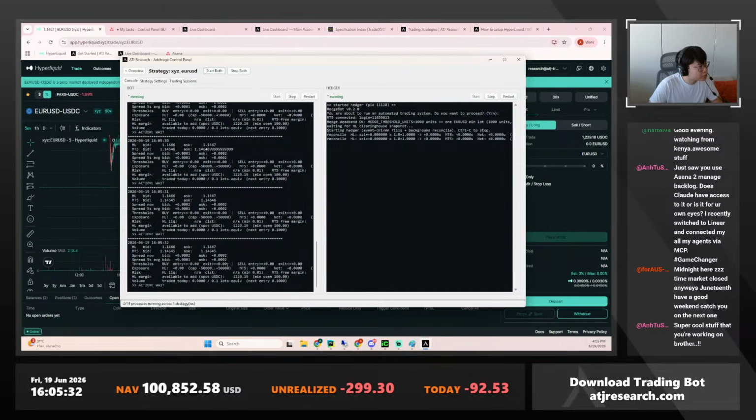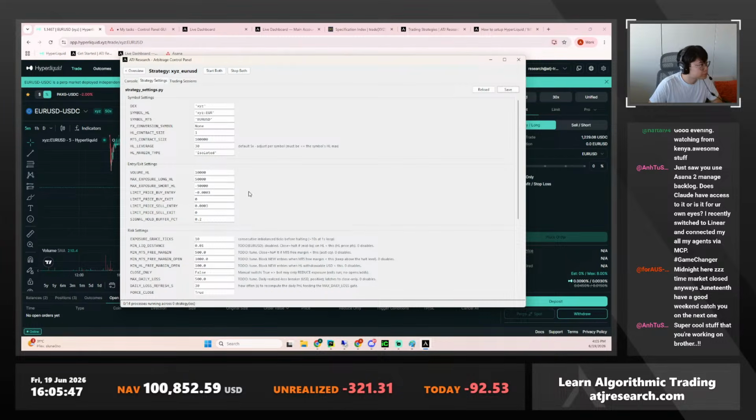Right now we don't have any interest signal, and that is because USD is very efficient here. So the spread now is 2 or 3, and the limit to enter is buy entry. Oh no, I have to stop both. So limit price buy entry is 0.003 and exit is 3.